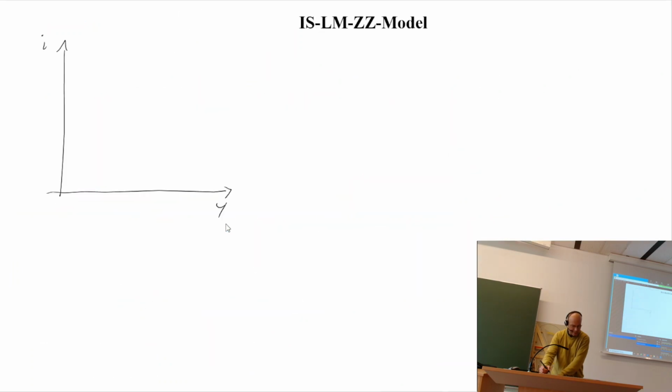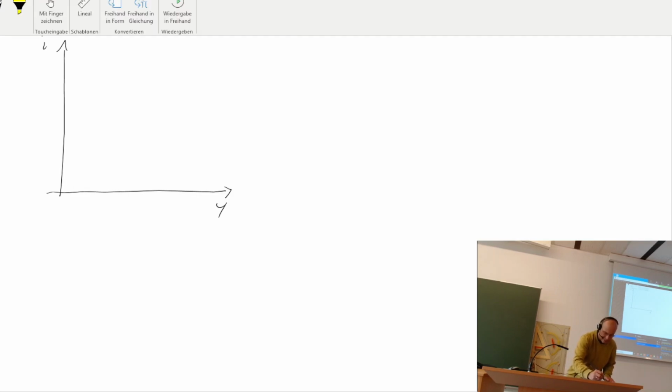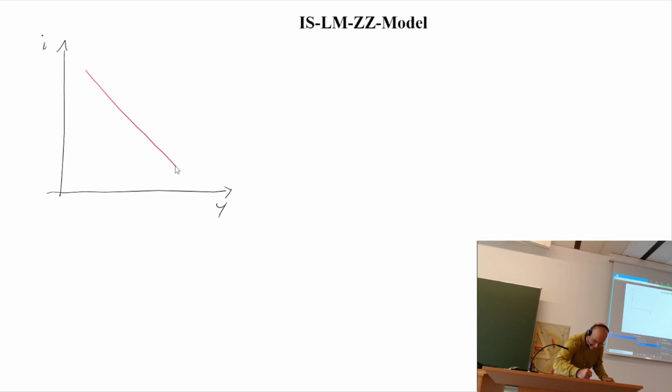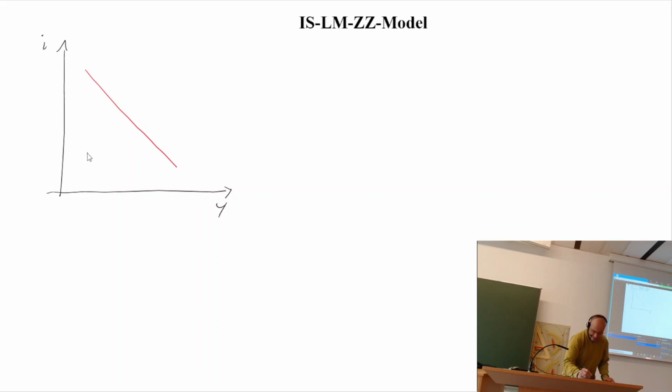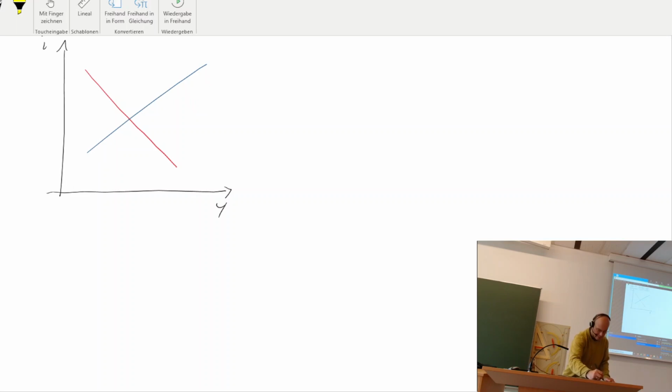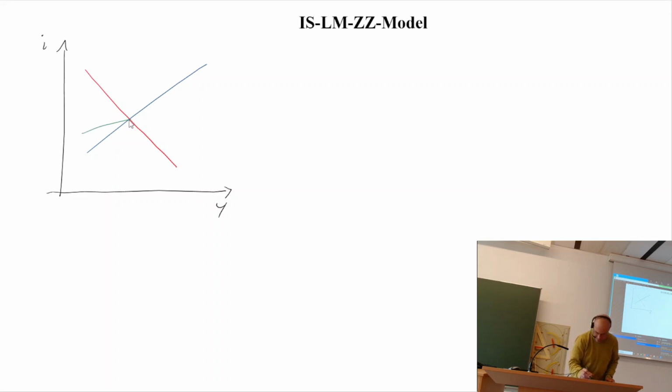Okay. So then we have a red IS curve, we have the blue LM curve, and we have the green one, and we will talk about this on Thursday.